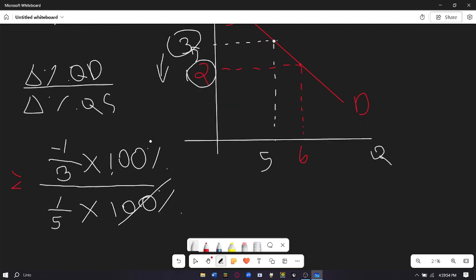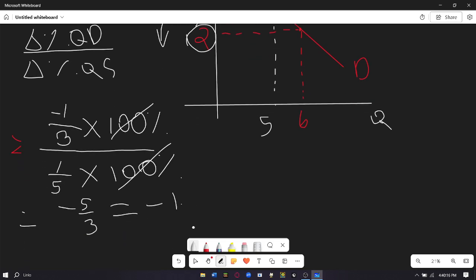This 100% gets cut, this 100% gets cut, and what we're left with is the 5 at the top. We get minus 5 by 3, which is negative 1.6.